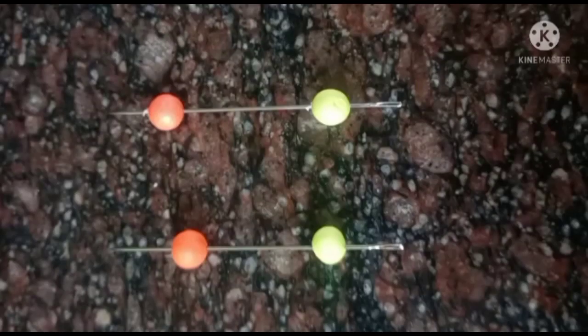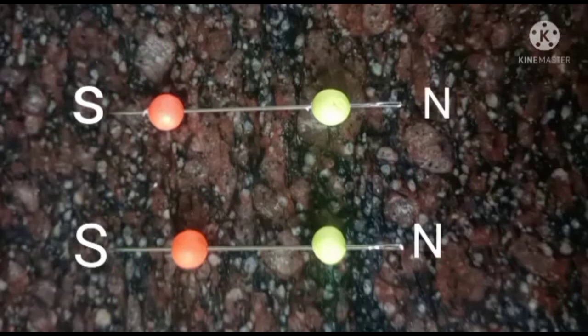So I will take two colored foam balls. One is an orange colored foam ball, another one is a yellow colored foam ball. So here, pin the orange colored foam ball to the south pole and the yellow ball to the north pole of the needle.